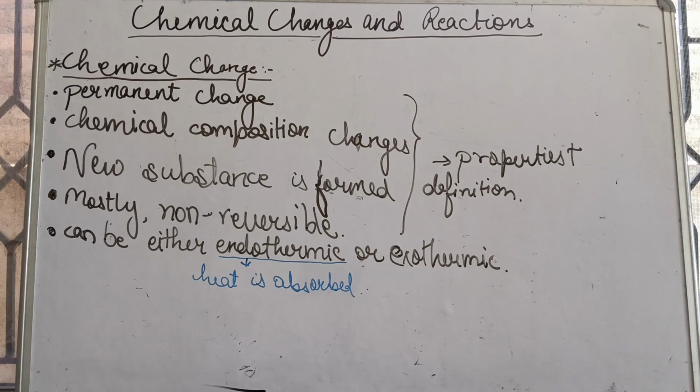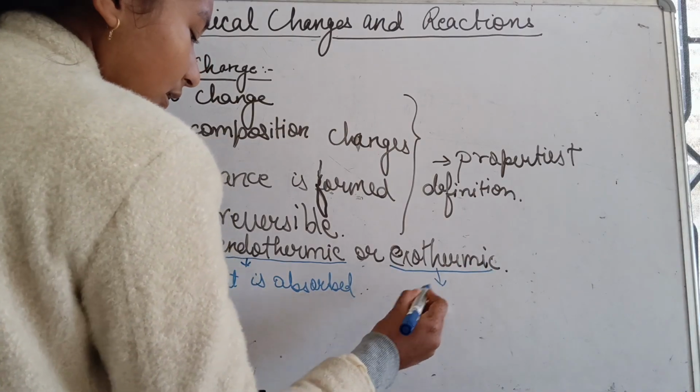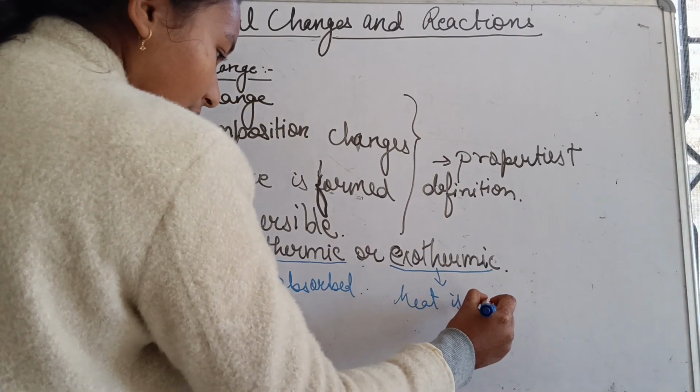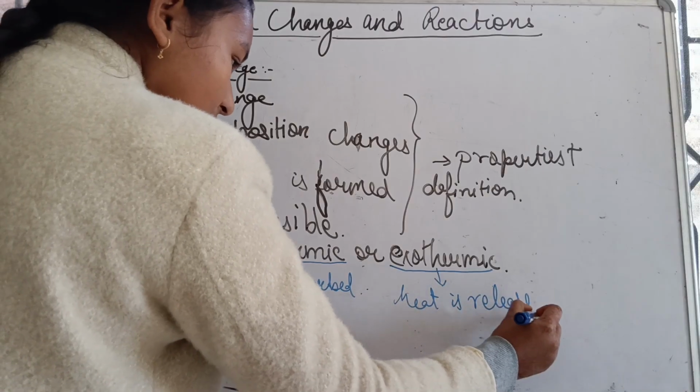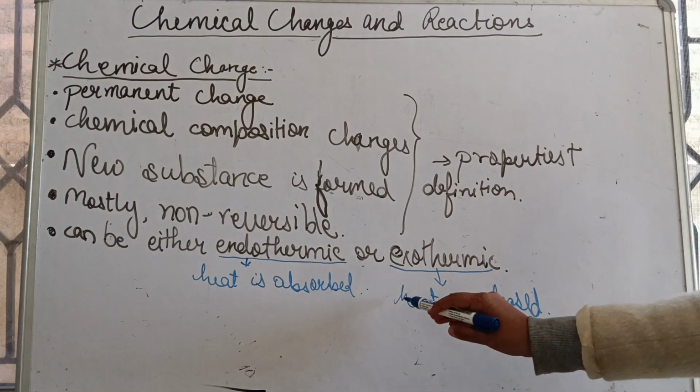Whereas exothermic means the evolution of heat. Heat is released. This is an exothermic reaction. The term exothermic means that heat is released, heat is evolved.